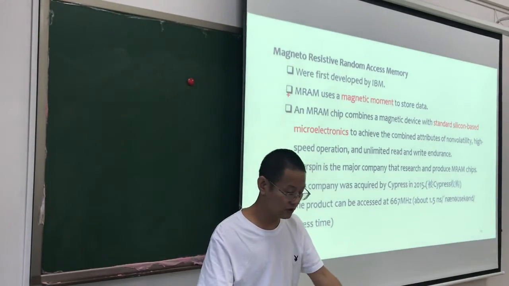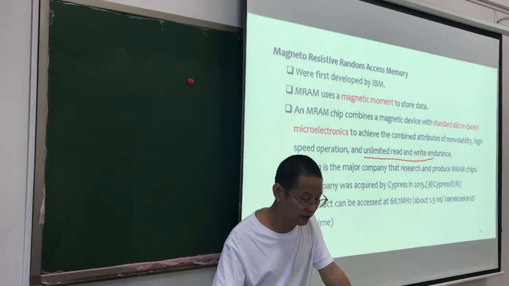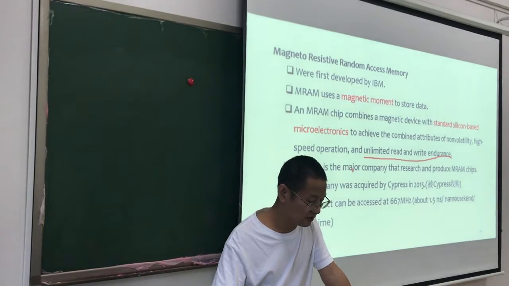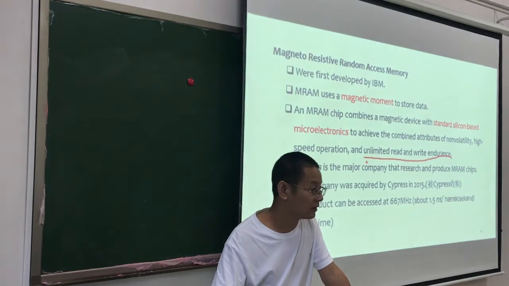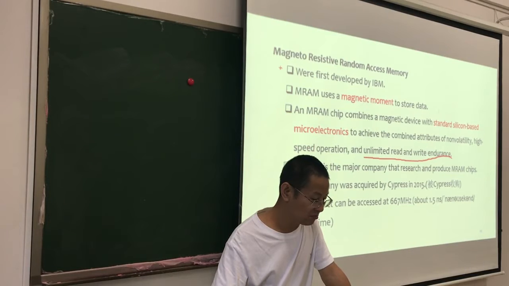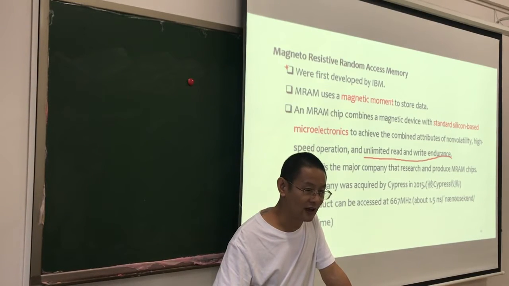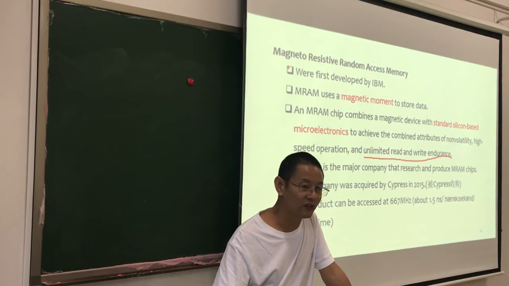Its characteristic is unlimited read and write endurance, but the read and write speed is slow. So magnetoresistive RAM is not used often.